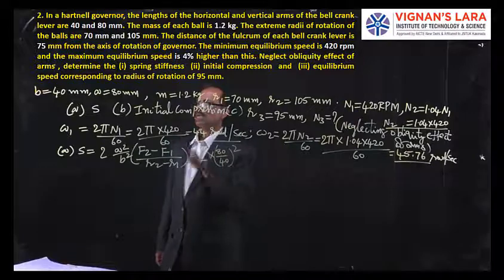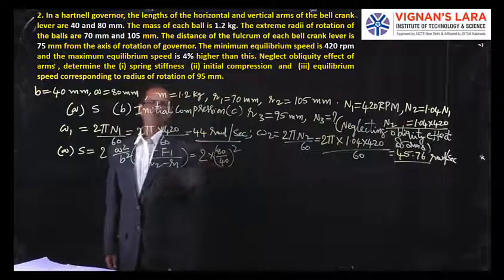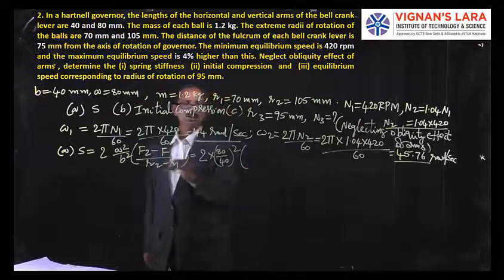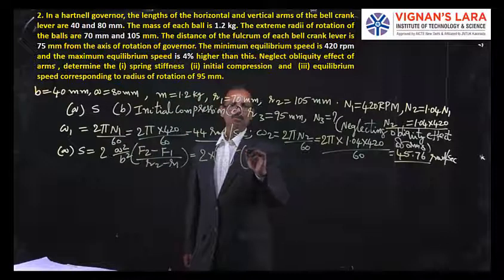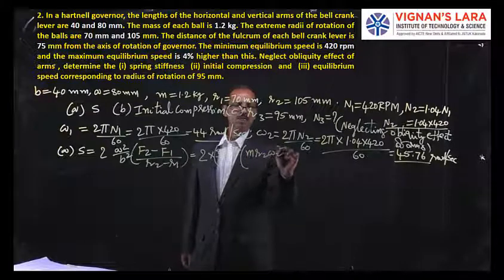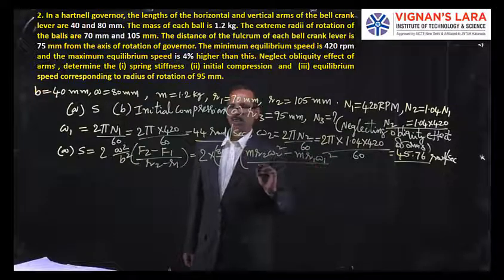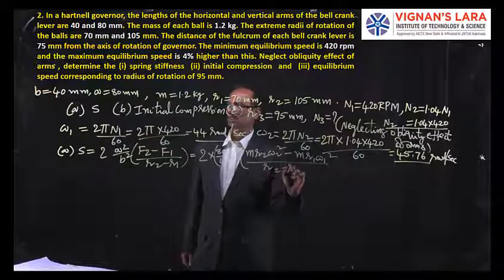Both I have written in mm, no problem because it is a ratio only. Then F2, that is M R2 omega 2 square minus M R1 omega 1 square, by R2 minus R1.